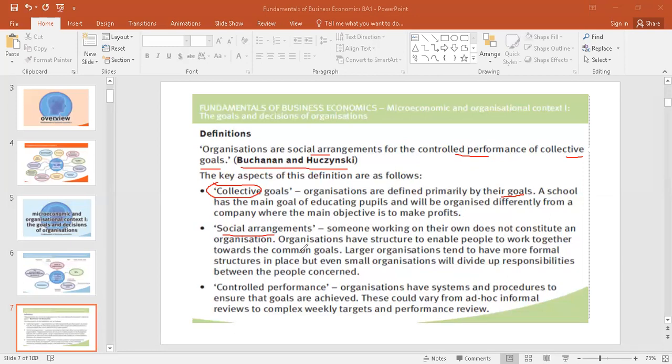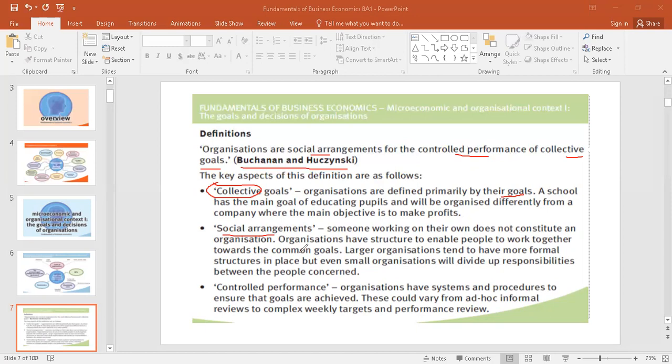Larger organizations tend to have more formal structures, and smaller ones have a less arranged structure, or the organization is also named by a different name for a different organization structure. Nevertheless, when people come together, they join together with an agreement or arrangement among themselves to run the organization for whatever is the objective, but that objective is a collective objective.